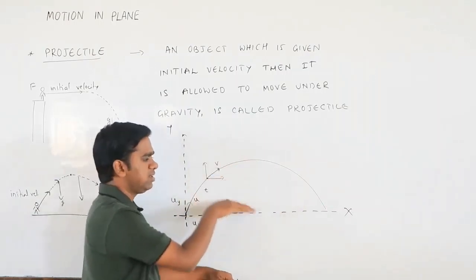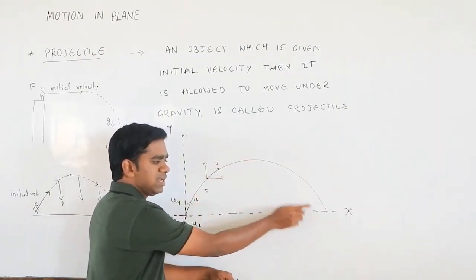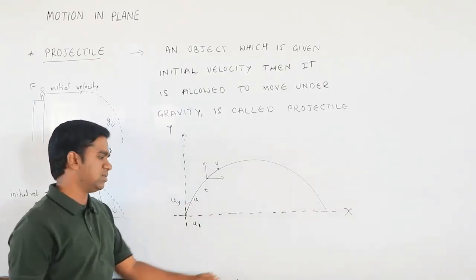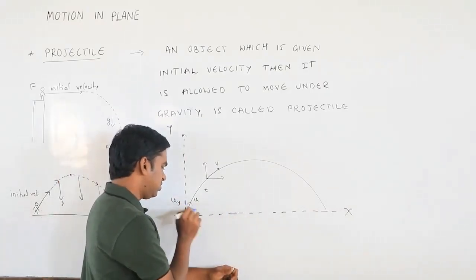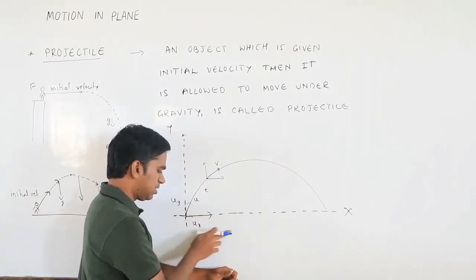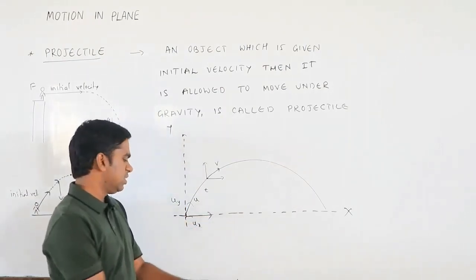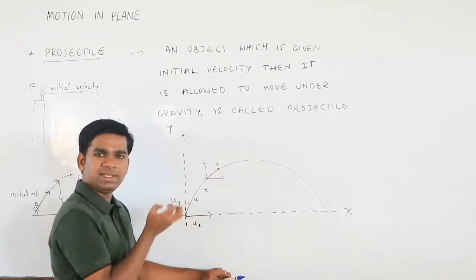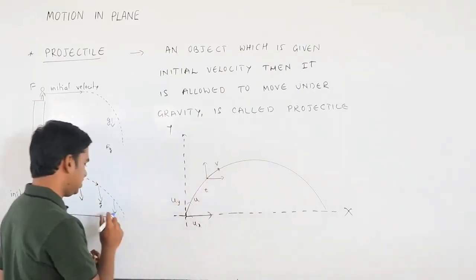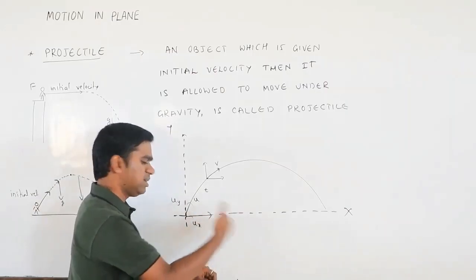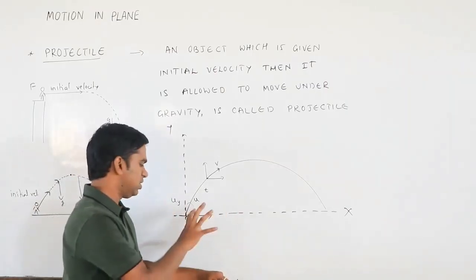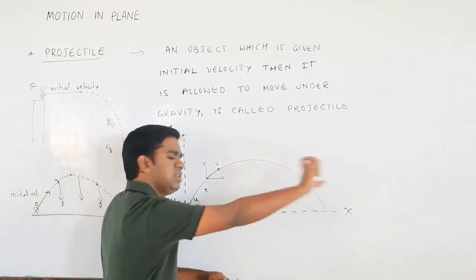Always the vertical is less than the horizontal, because when the object is moving, if you look at the horizontal direction, there is no other force pulling it back or pulling it downward. Whatever velocity you are giving, with the same velocity it is moving.